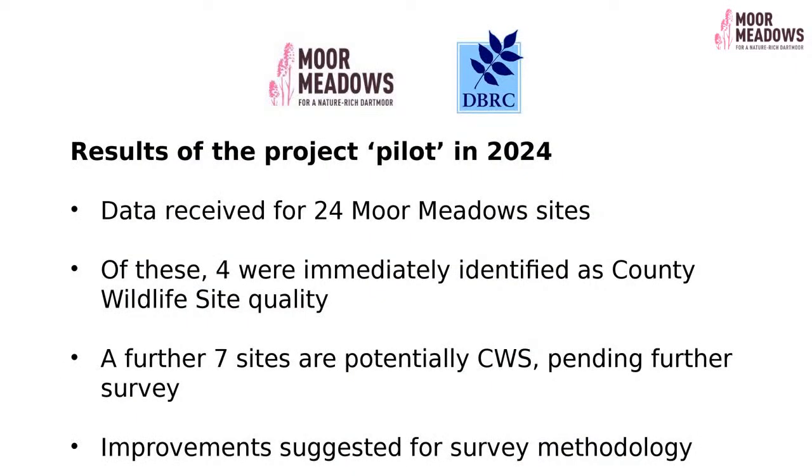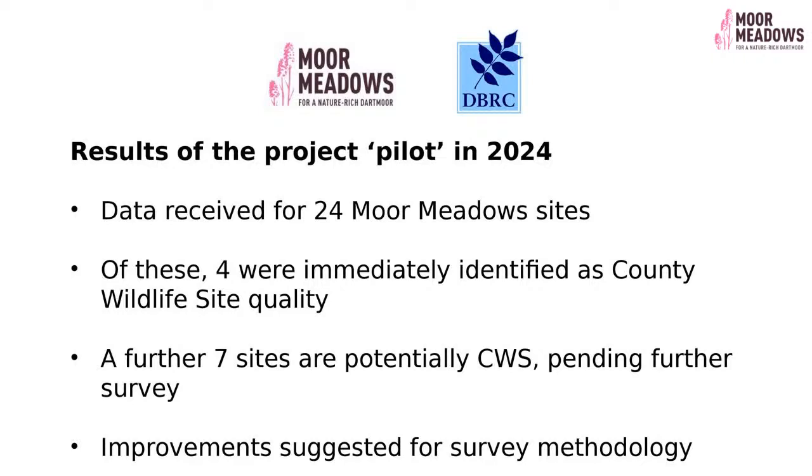But this is quite exciting. We got data back last year for 24 more meadows sites. I suspect from the feedback we've had and the little evaluation we did, we probably would have had more had it not been such a wretchedly wet summer. There were quite a few landowners who really wanted to do the survey, but the windows of time they had were a total washout.